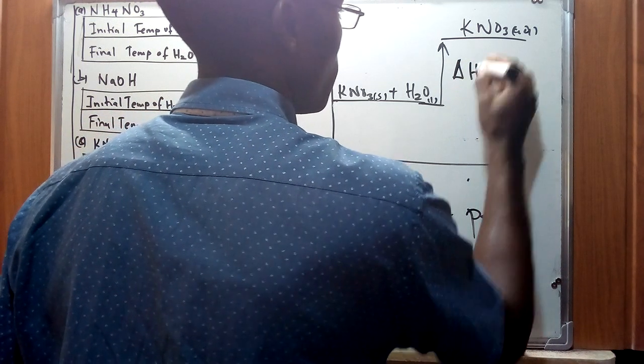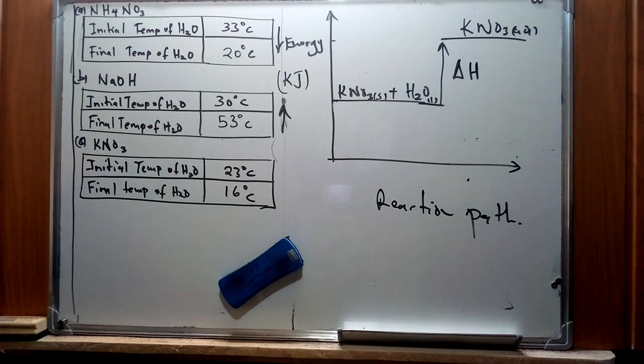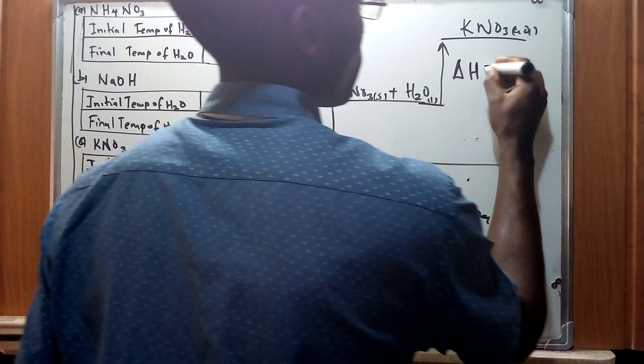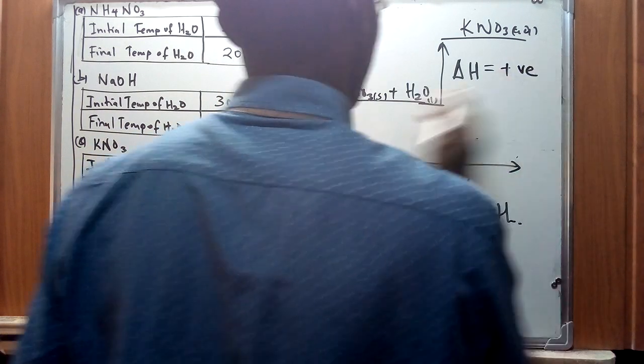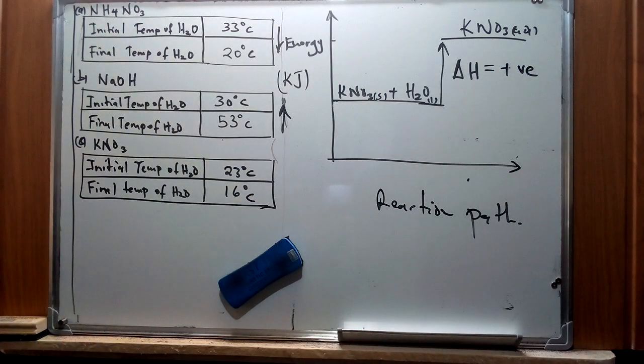So therefore we're going to illustrate this change in heat using delta H, which is going to be a positive value as illustrated by the positive trend along that energy in kilojoules variable.